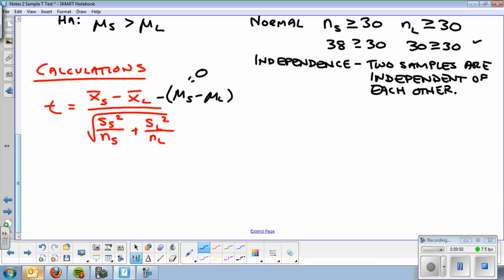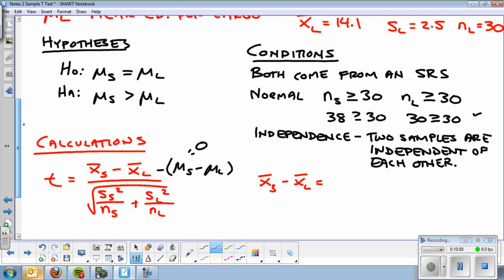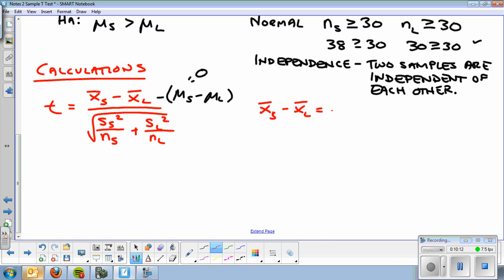Okay, so off to the side here, I'll calculate this just to show you. X bar S minus X bar L equals 15.4 minus 14.1, which gives me 1.3. So that means, on average, St. Pete police officers had 1.3 more years of education than Largo officers.